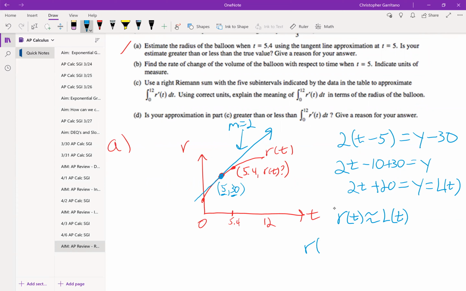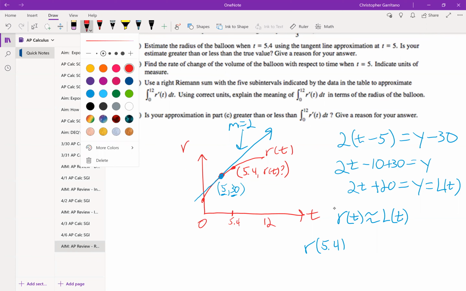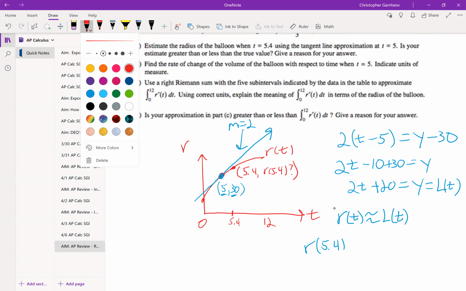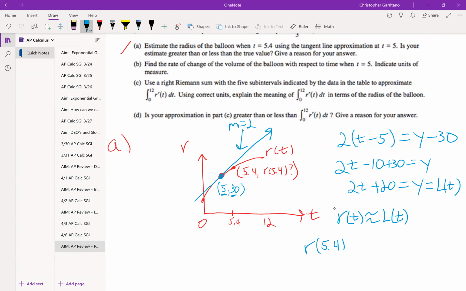So r of 5.4, I want to go back and adjust this. So the coordinates of this point that I wrote here, it wouldn't be r of t, right? Because in this case, t is 5.4. So that would be r of 5.4. And that's what we're searching for, and that's what I'm using my linear approximation for. So r of 5.4 is going to be approximately equal to L of 5.4.